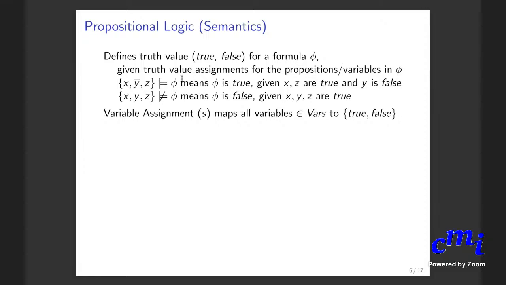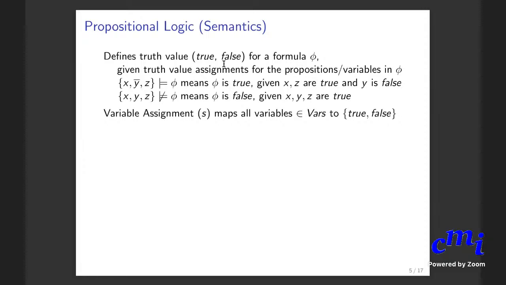I want to draw your attention to the distinction I made here between these truth values, which are semantic concepts, true and false, and 1 and 0. 1 and 0 are so far only introduced syntactically, but they are formulas. They are specifically atomic formulas.